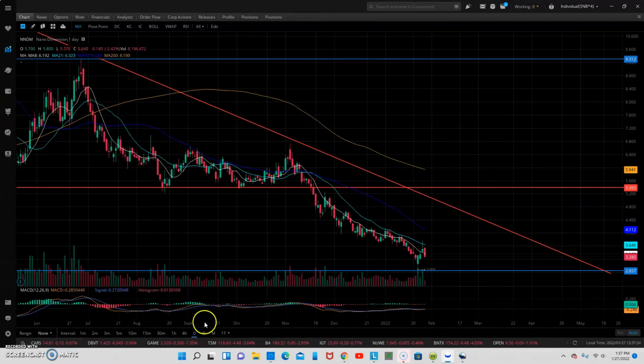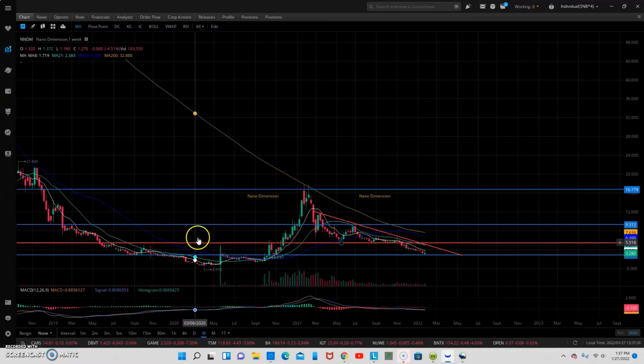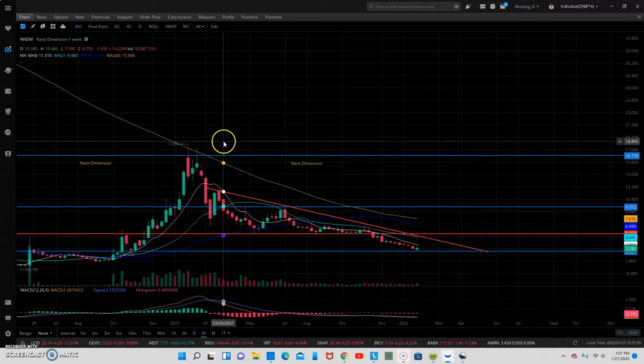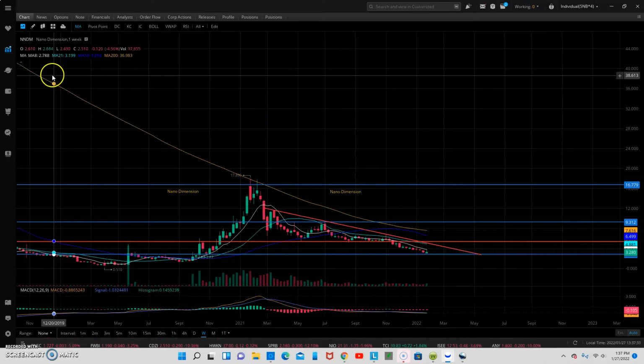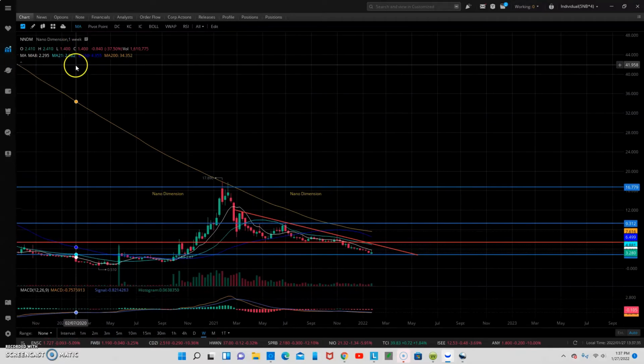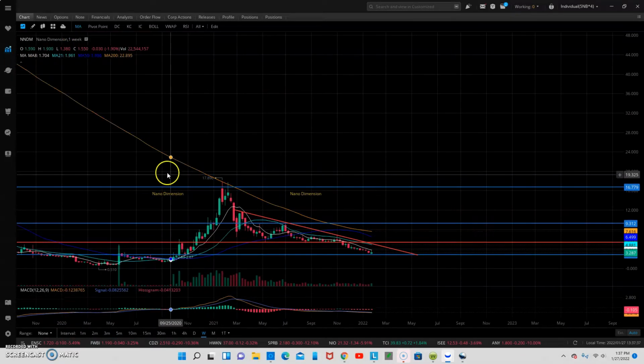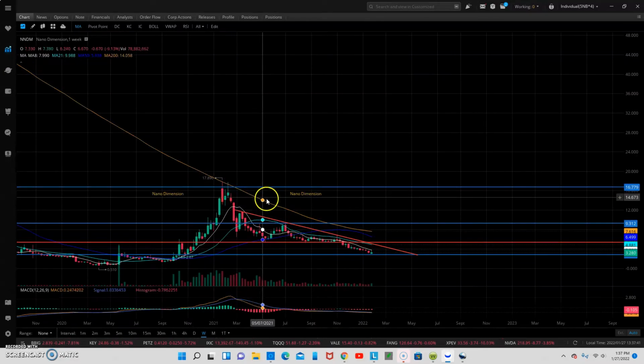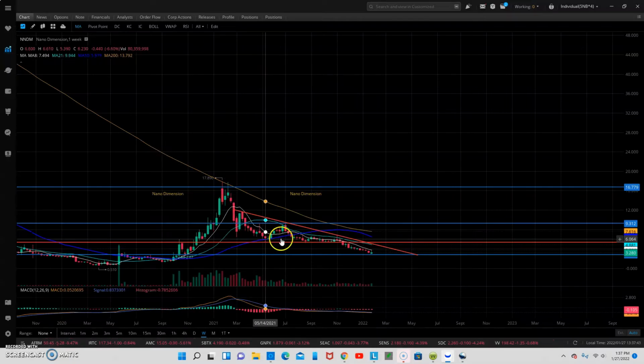Then let's take a look at the weekly chart and see what's going on. Let me zoom in here. Look at that 200-day moving average on our weekly chart. Look at how it just comes in and acts as strong resistance, kind of like a trend line.